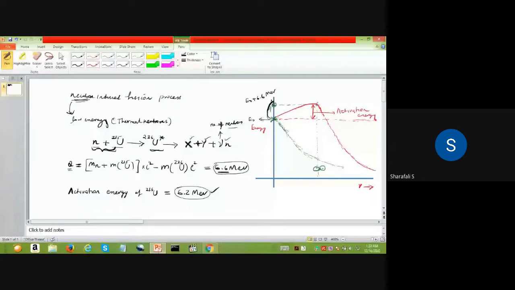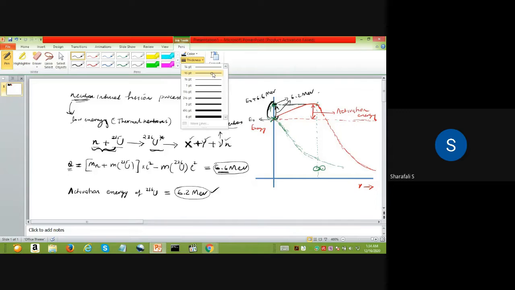Okay, and the activation energy here, that is the maximum energy or potential barrier that you have. So this energy is somewhere around 6.2 mega electron volt. This difference is 6.2 mega electron volt. So this is the activation energy.